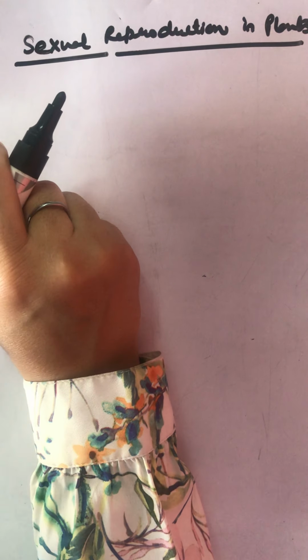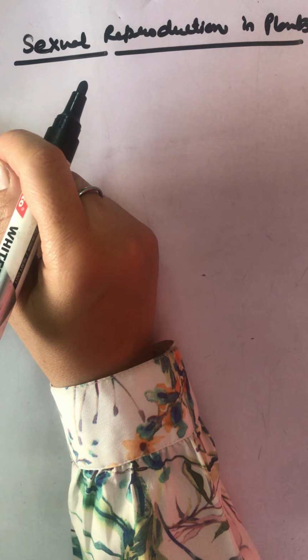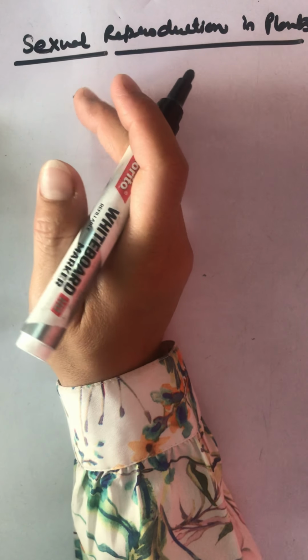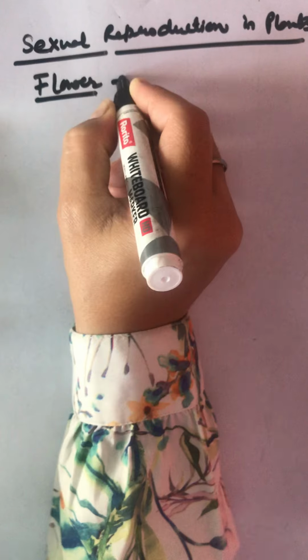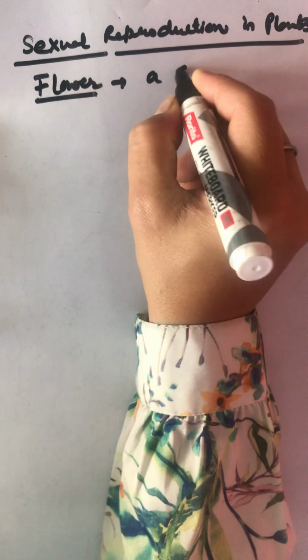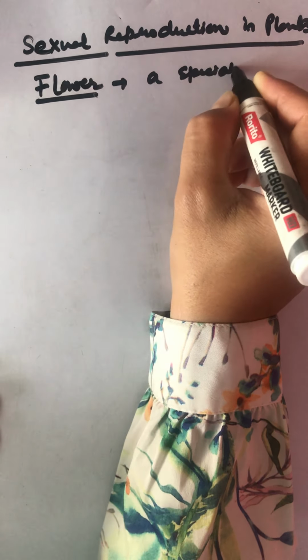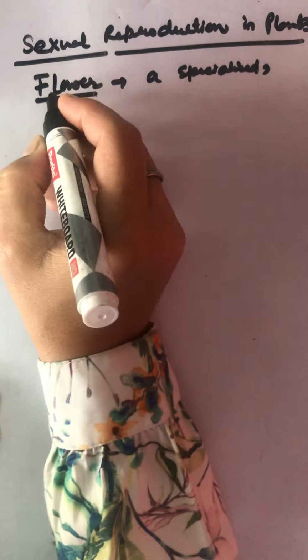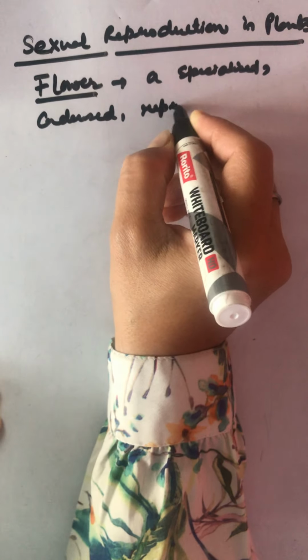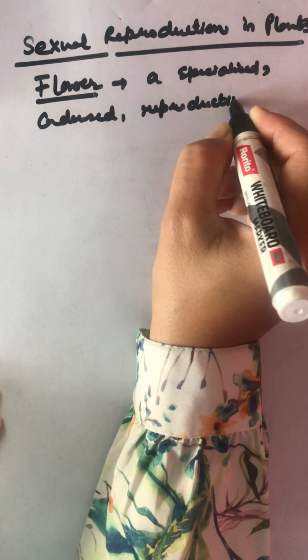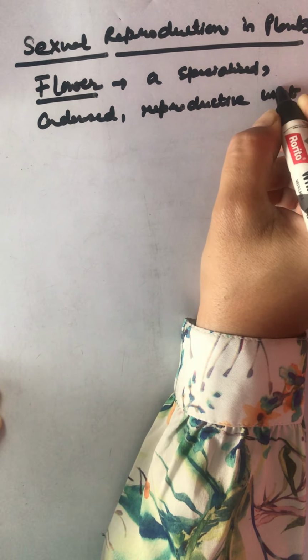When we talk about sexual reproduction in plants, we say a flower is basically a specialized condensed reproductive unit.